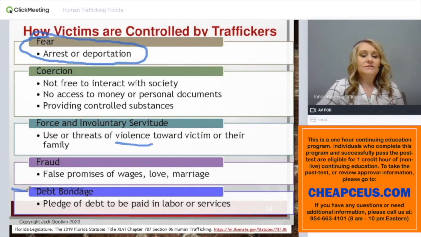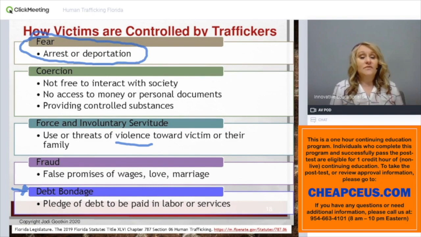Debt bondage is where the individuals that are being trafficked maybe have been brought to the United States and they have no other means to provide for themselves, and they were charged a fee to be brought over here.